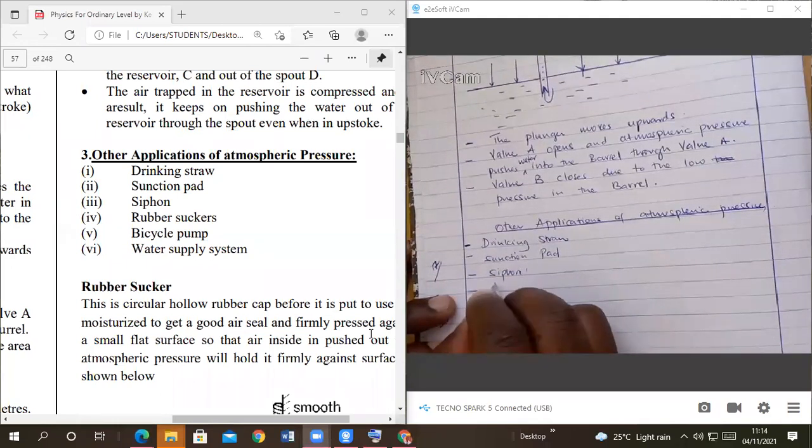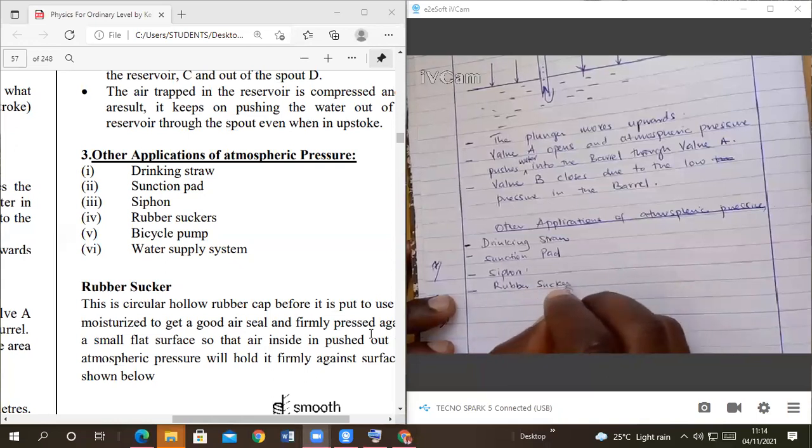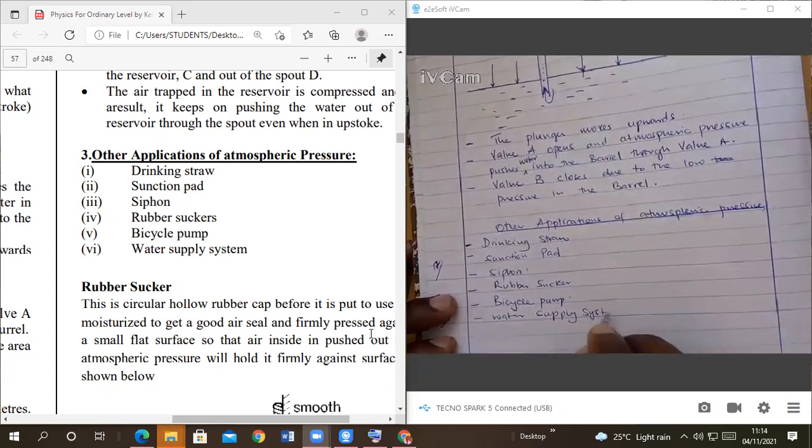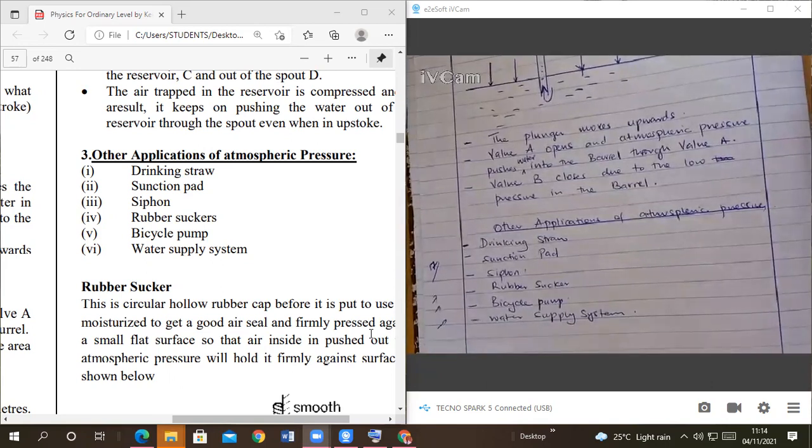We have a rubber sucker, and we have bicycle pump, and lastly, water supply system. Okay, those are about 6 of them.